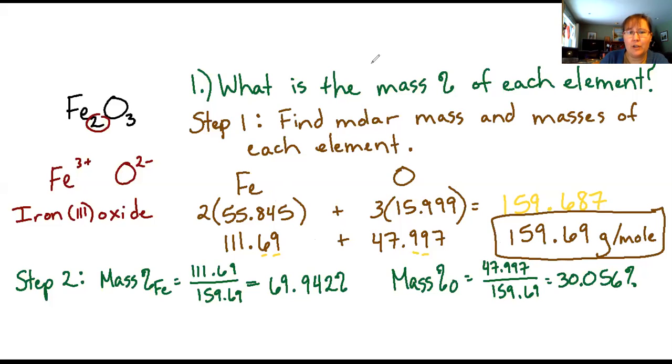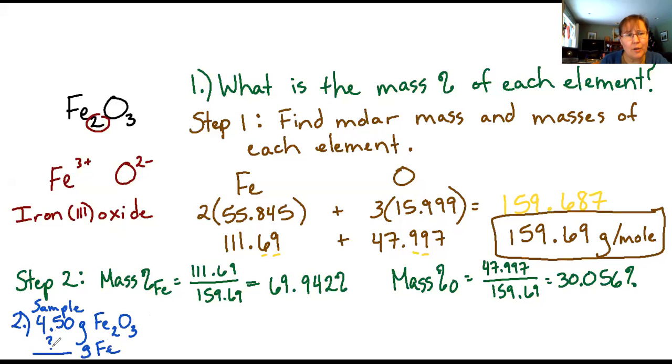Now, there's something more that we could do with that. I'm not going to often have a sample of exactly 159.69 grams. That's high and it's weird. In the lab, I'm more likely to have a sample where I've measured out 4.50 grams of iron(III) oxide, and I want to know how many grams of iron I have inside of it.